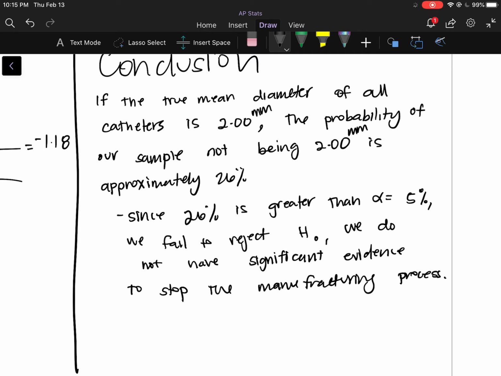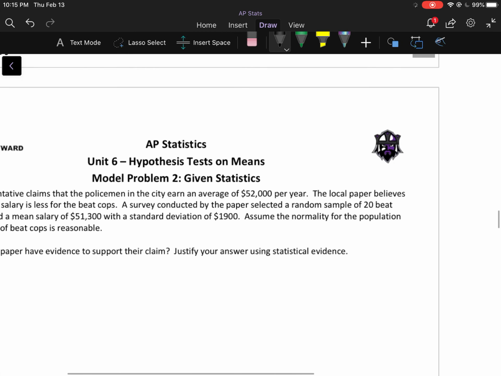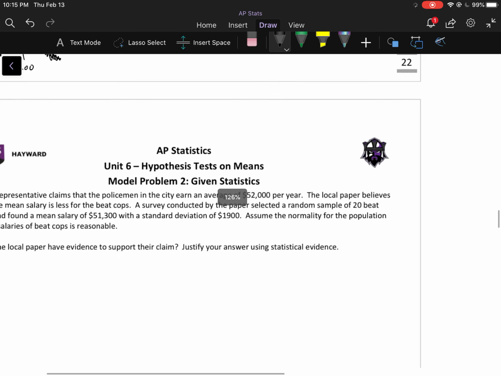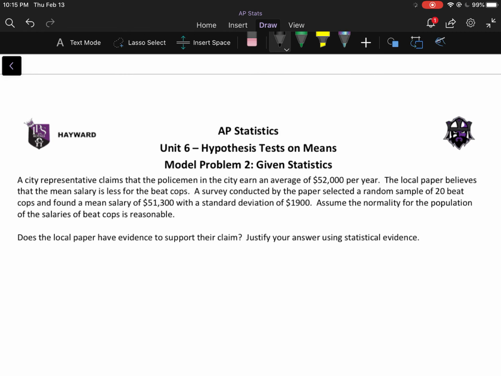We're going to go ahead and do one more model problem. This time, the model problem gives you statistics. A city representative claims that the policemen in the city earn an average of $52,000 per year. The local paper believes that the mean salary is less for the beat cops.